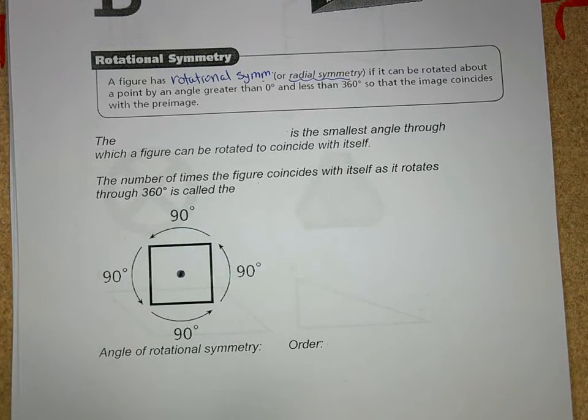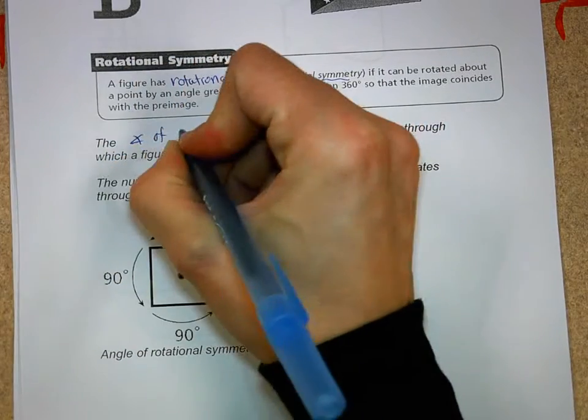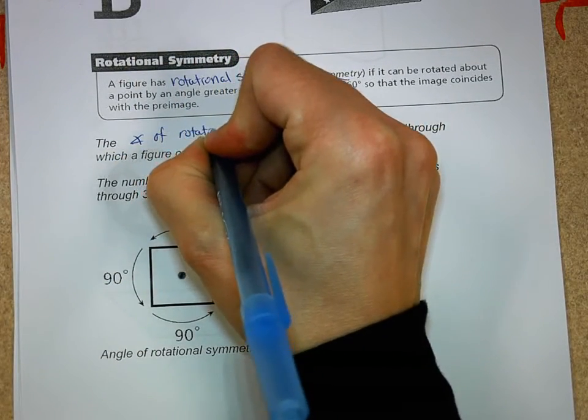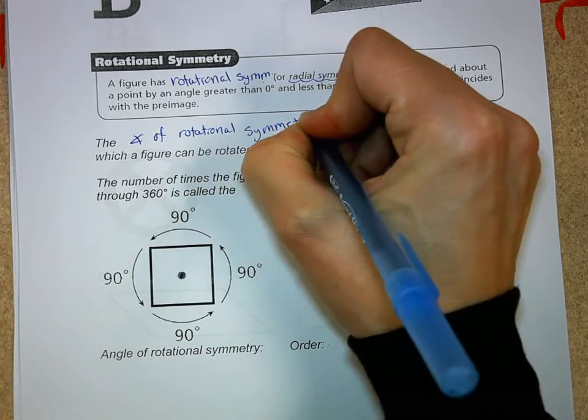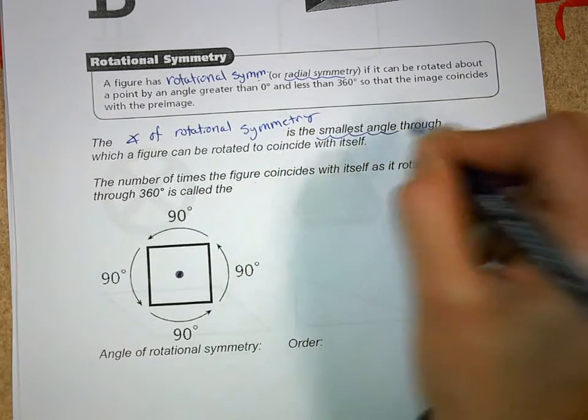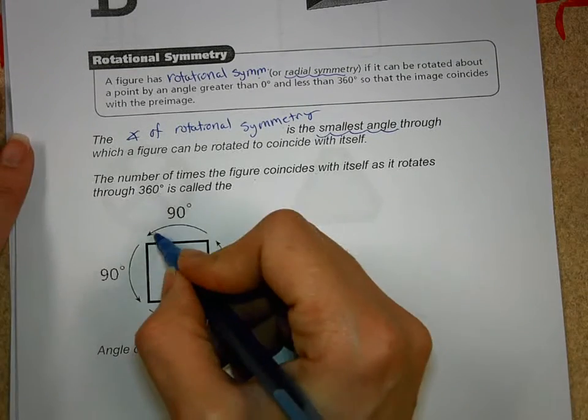One thing we talk about is how we decide. We have what's called the angle of rotational symmetry. It is the smallest angle through which a figure can be rotated to coincide with itself.